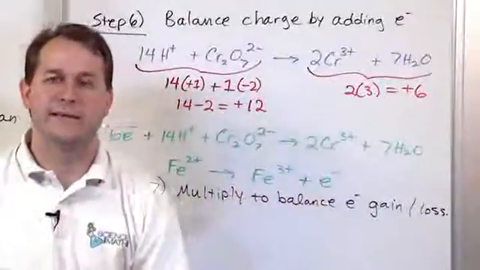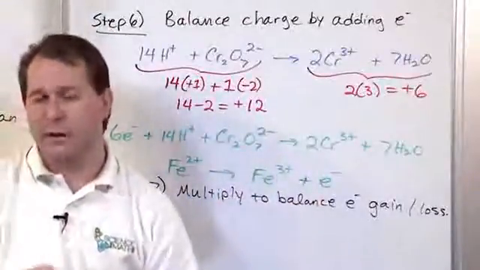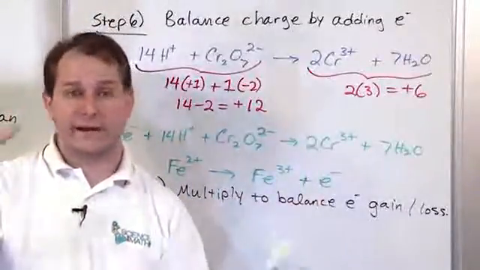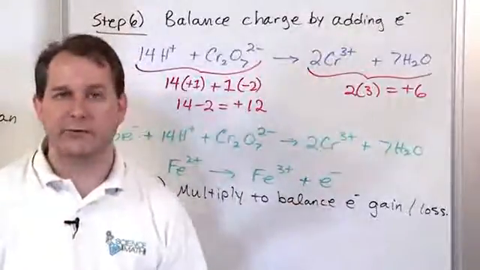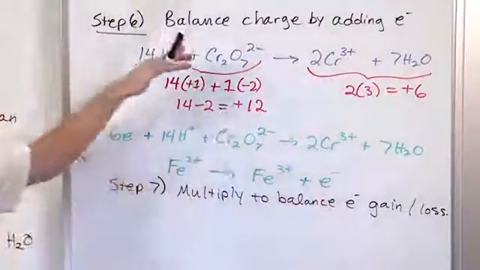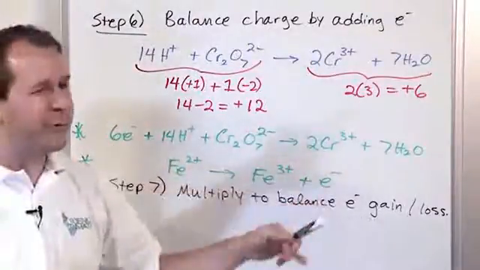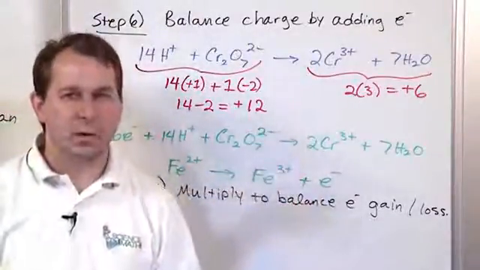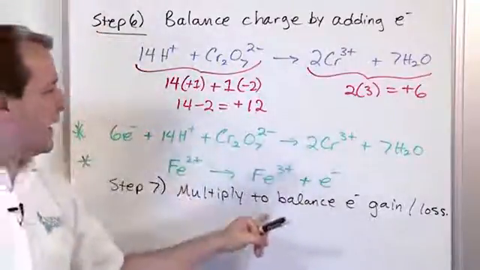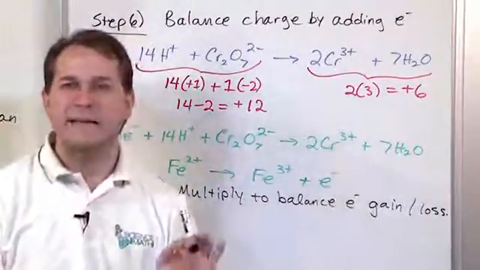You remember back to the last section with a simpler problem we said, well, we get down to this step, we're losing a different amount of electrons than we're gaining. So we're following the procedure to the letter, but now we have 6 electrons on one side and 1 on the other. That's not going to work. So what we need to do is multiply however we need to make this work.